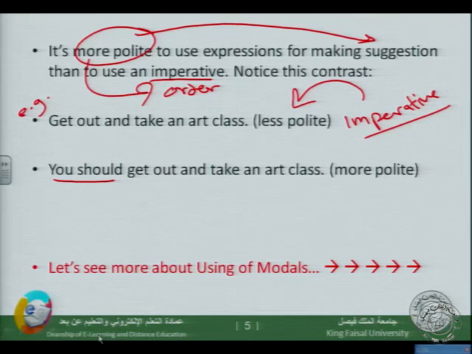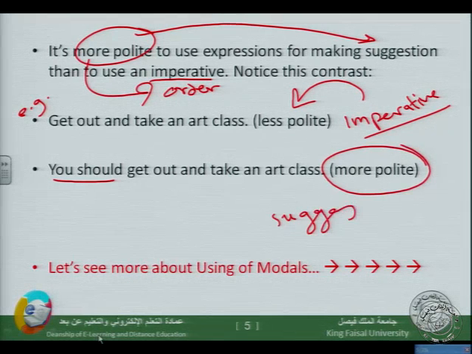But you should say, you should get out and take an art class. Notice, this one is more polite. So when you make a suggestion, it is more polite. Suggestion is more polite than imperatives.